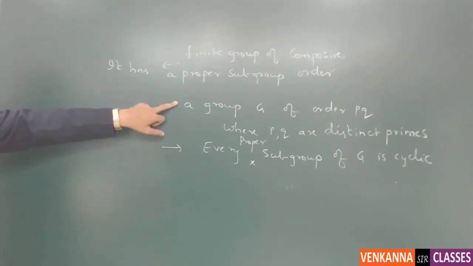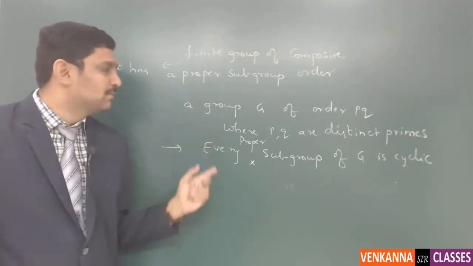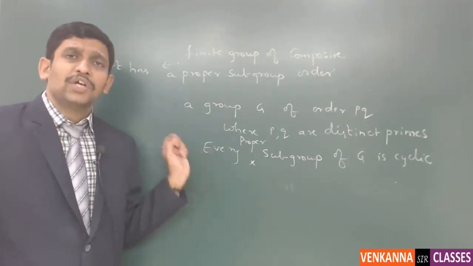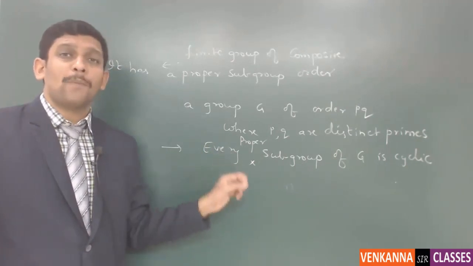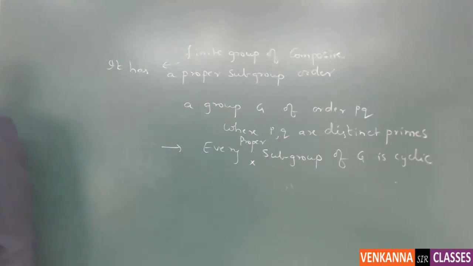If you take a group G of order PQ, where P and Q are distinct primes, then any proper subgroup of G is always cyclic. The proof of the result is very simple.